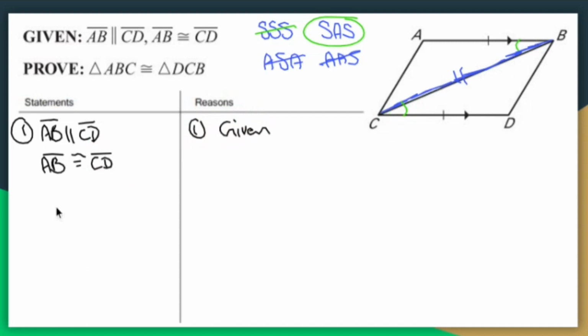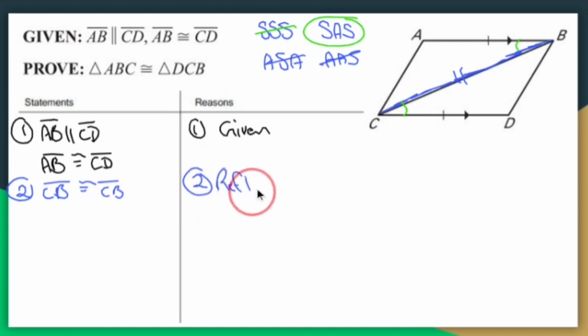So I could say CB is congruent to CB, and whenever you say that a line is congruent to itself, that is the reflexive property. Okay, reflexive property.